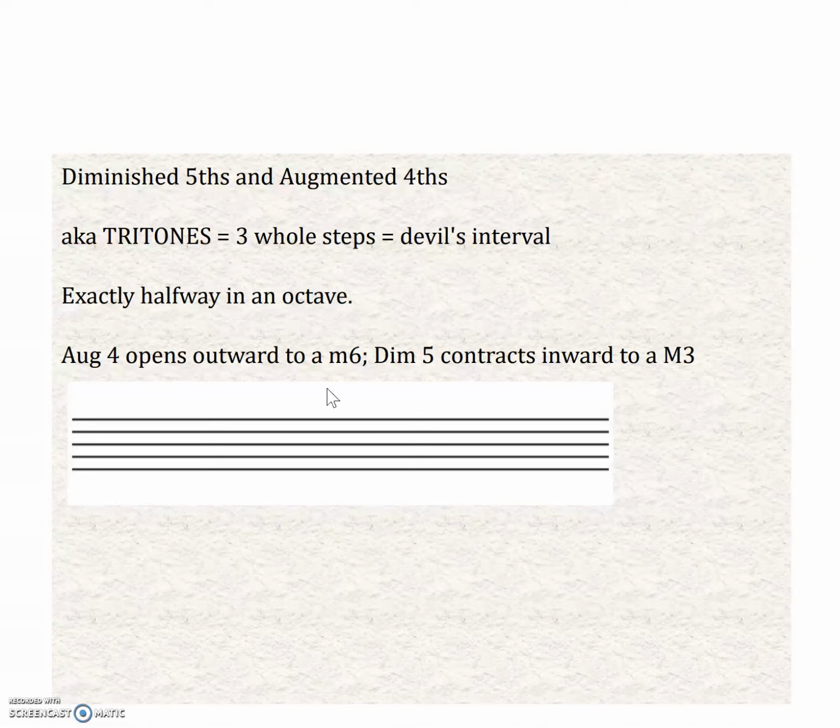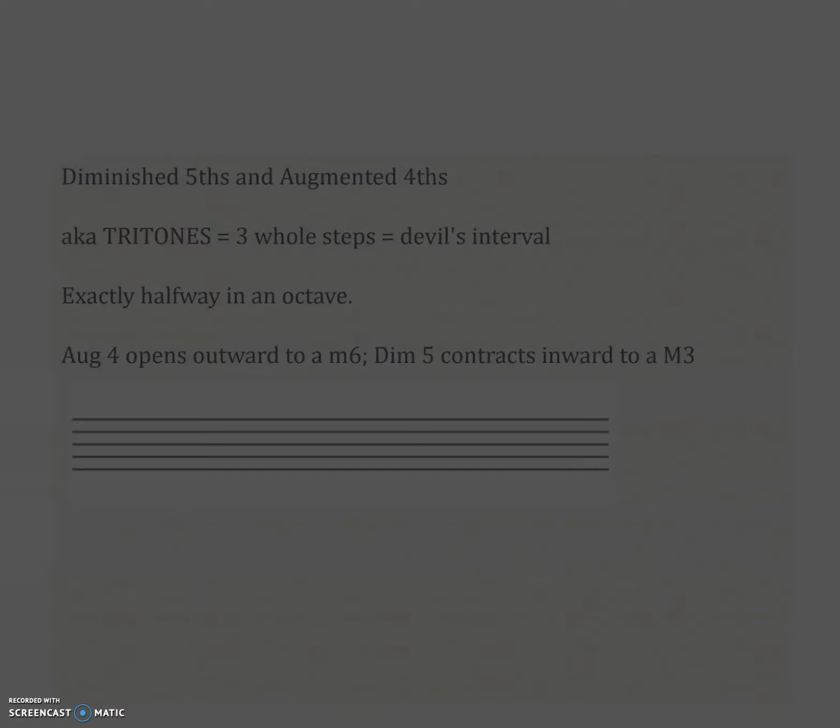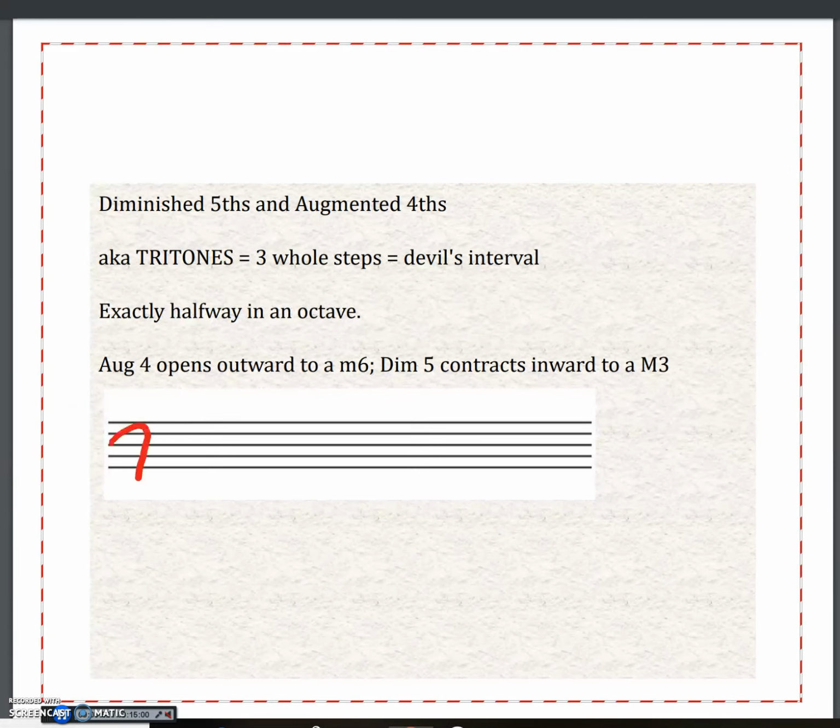F to B natural is, depending on how you spell it, now this is where spelling comes in, an augmented fourth. So if I'm in bass clef here, here's an F to B natural.